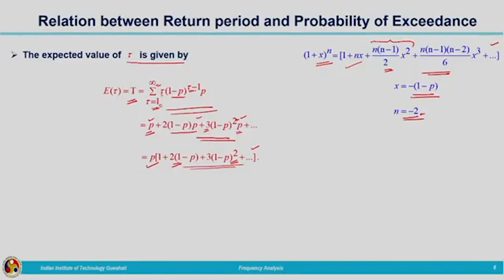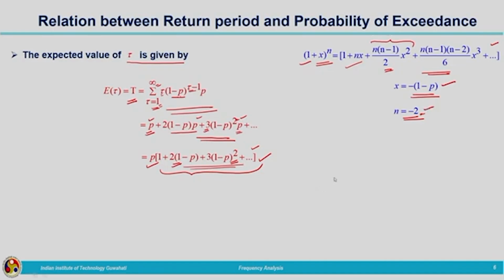So p multiplied by this particular series is the same as the expansion of 1 plus x to the power of n for x equal to minus (1 minus p) and n equal to minus 2.